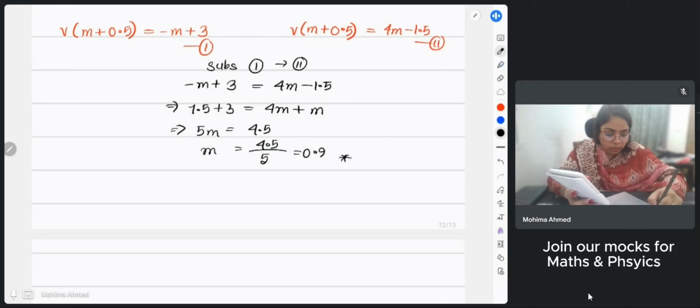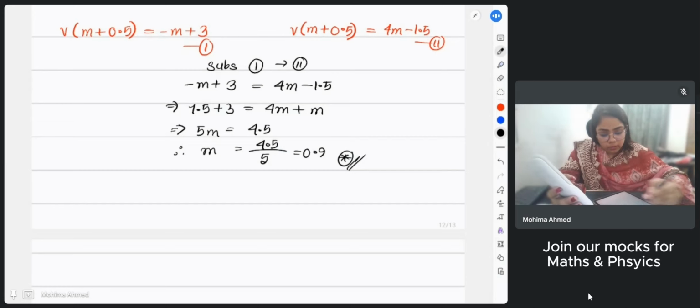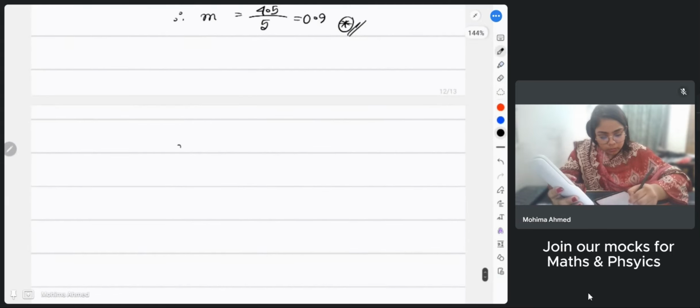And then again, we can just input this into any of the equations to find out the value of V. So I'm just going to substitute M 0.9 into equation 1.